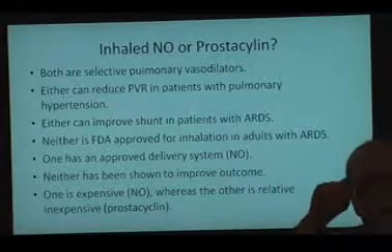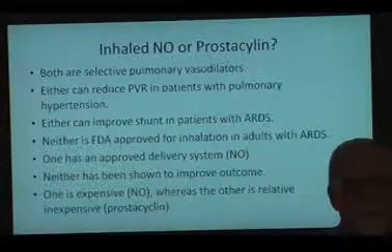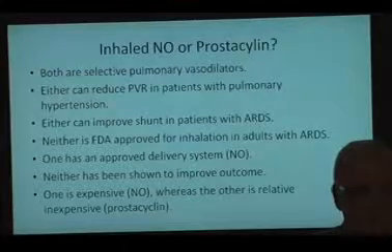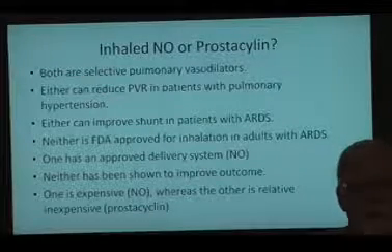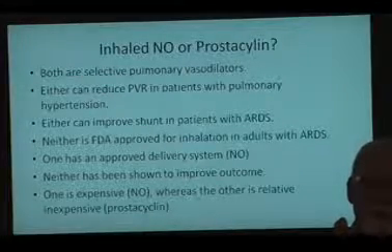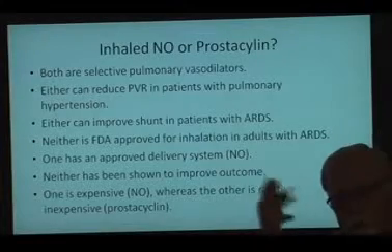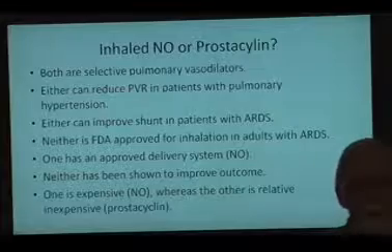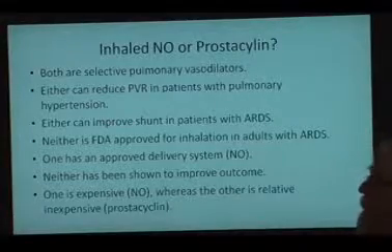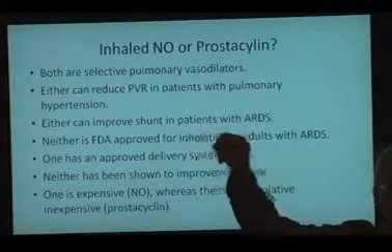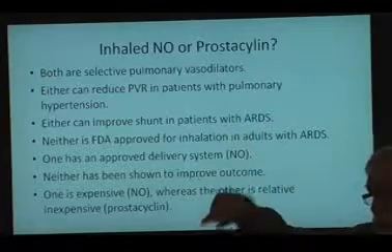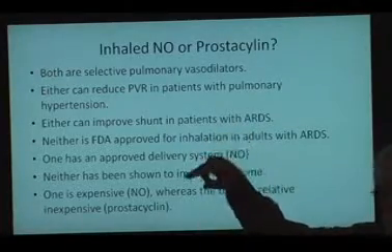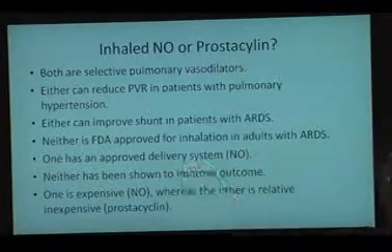So the pharmacologic pathways are different. NO works on a different pathway than prostacyclins. And then there are actually three pathways of drugs for patients with increased pulmonary vascular resistance. So some affect the nitric oxide pathway, some affect the prostacyclin pathway, some affect the endothelial receptor pathway.